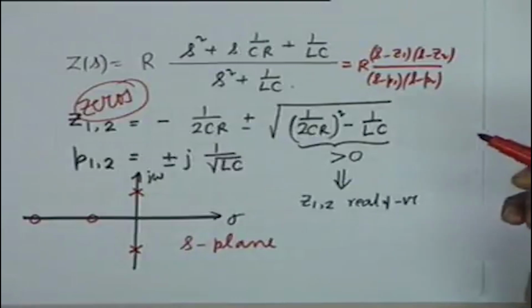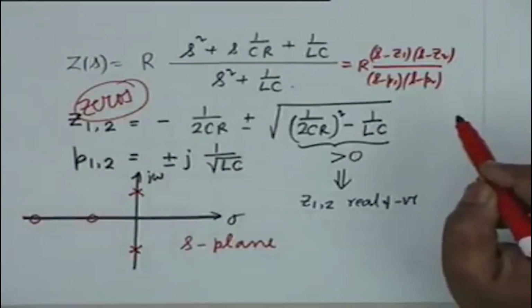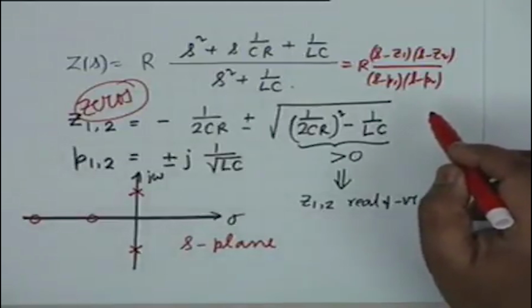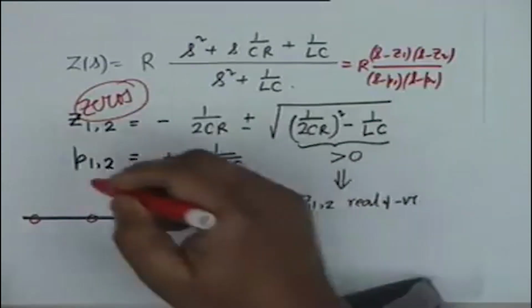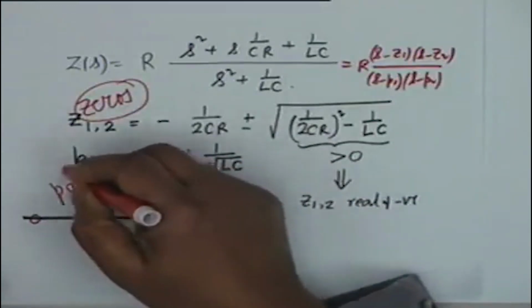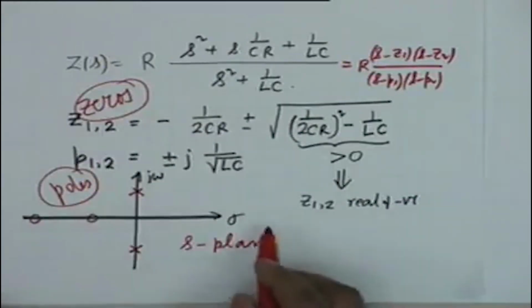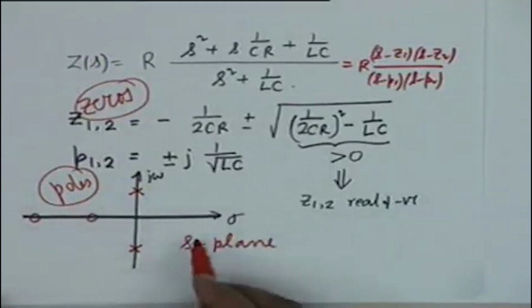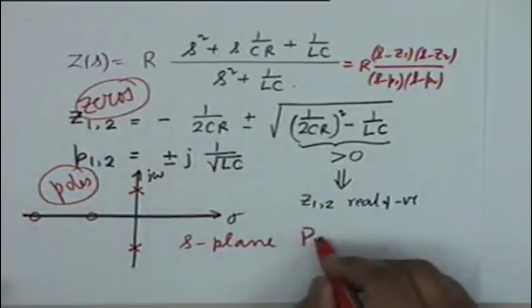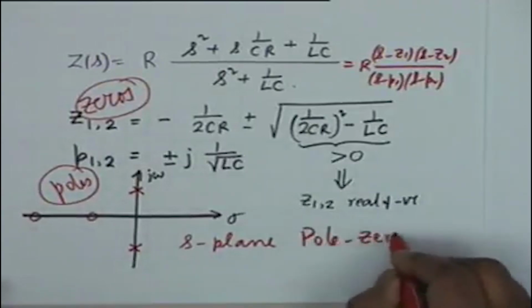Such values of S for which the impedance function becomes infinity are called the poles of the impedance function. p1 and p2 are poles, and therefore this diagram that we have drawn here is called a pole zero sketch or pole zero diagram.